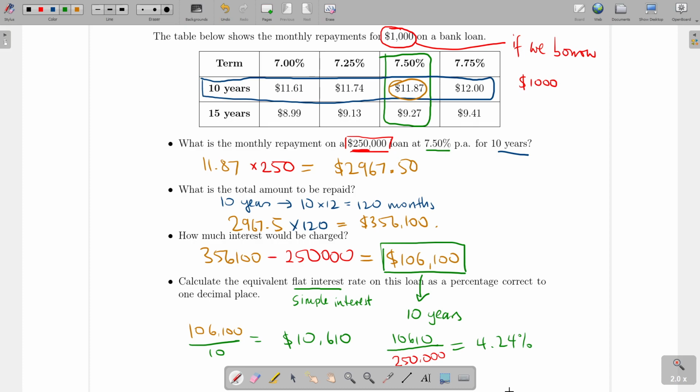So reducible interest is calculating the interest every single time the payment's made. It's sort of resetting the amount owing, and so the interest will reduce as we pay off our loan.